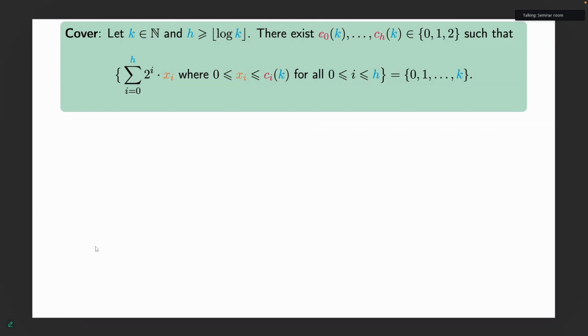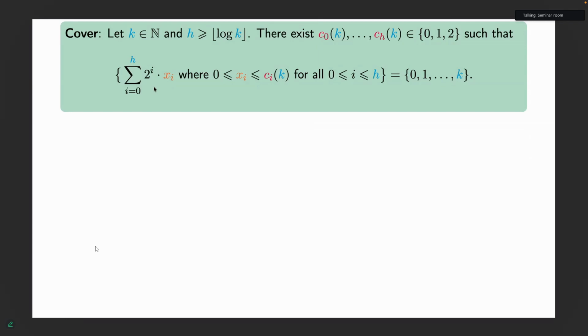You can produce some bounds c_i(k), numbers between 0 and 2, such that the set of x_i bounded between 0 and c_i(k) covers every integer between 0 and k.